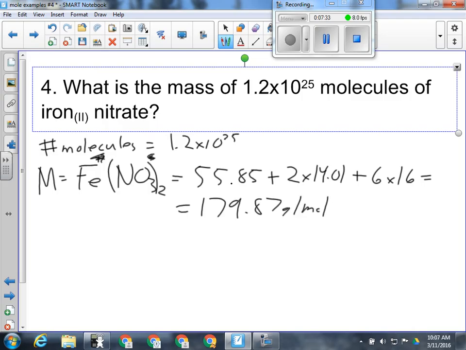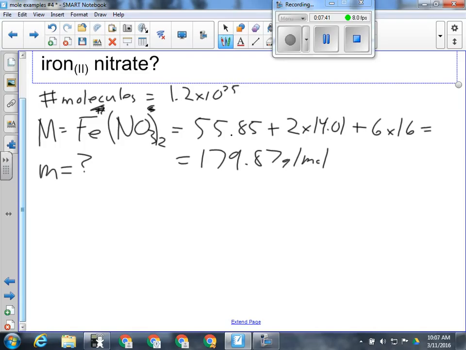If I'm going to find mass, little m, I need n, and I don't have it. But I can find it because I was given the number of molecules. n is going to be the number of molecules divided by the number of molecules in 1 mole, otherwise known as Avogadro's number.